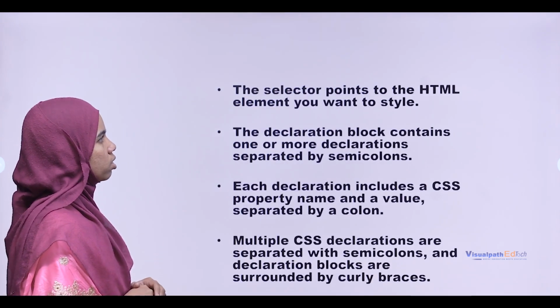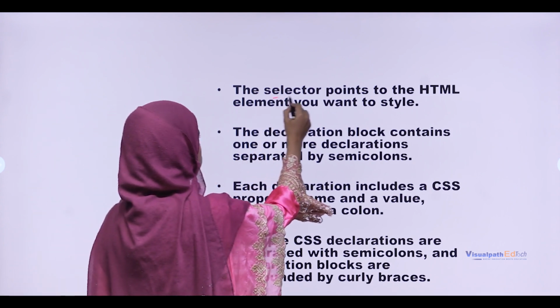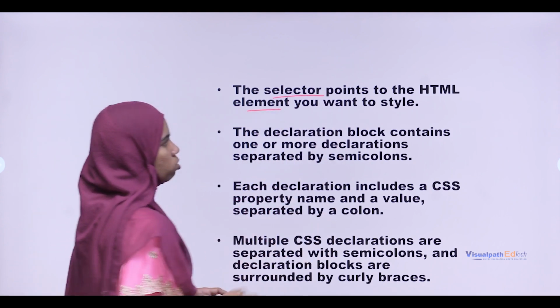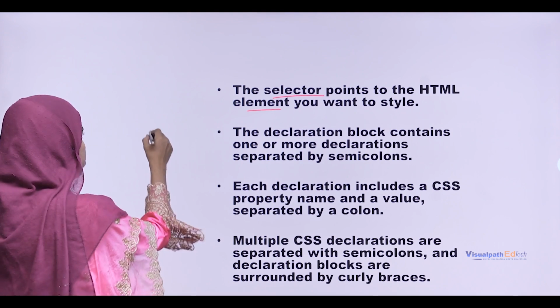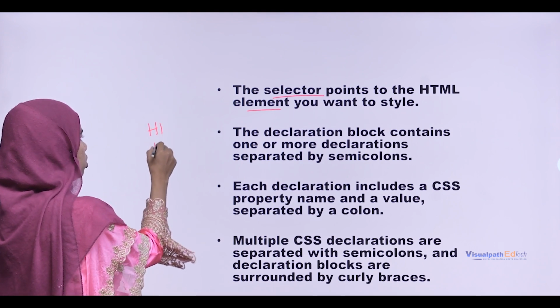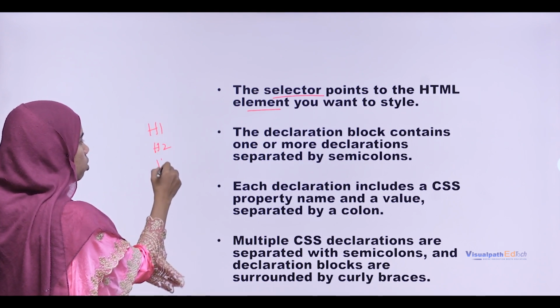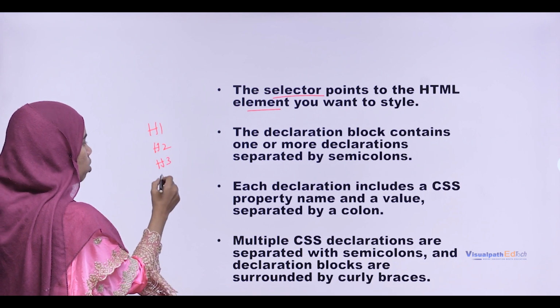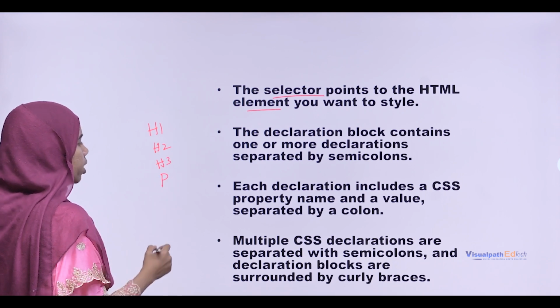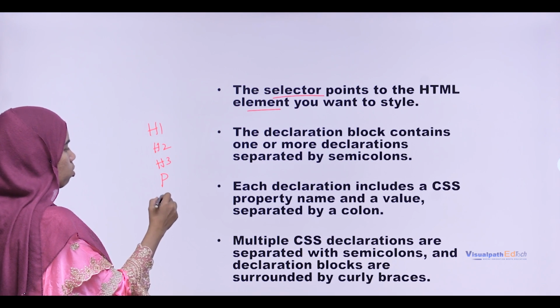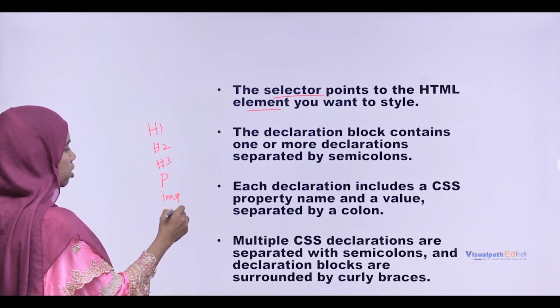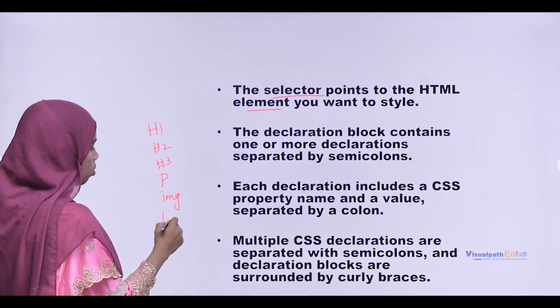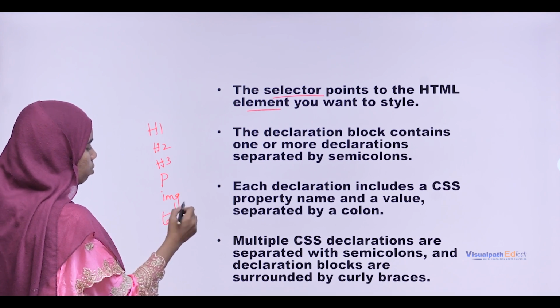Now, what is a selector? Selector points to the HTML element that you want to style. Just now I told you it can be your H1, H2. For different headers you want to style differently, you can make use of the CSS for it. Paragraph tag, or if not, you want to apply it on the image tag. If not, you want to apply it on the table, very importantly.